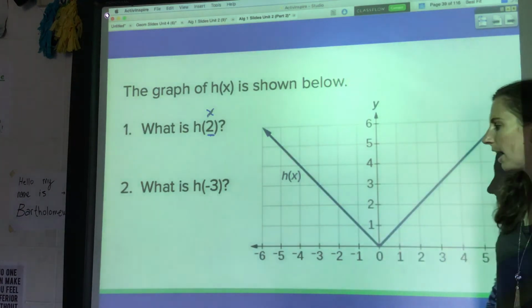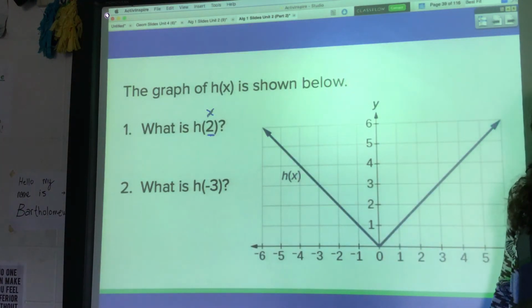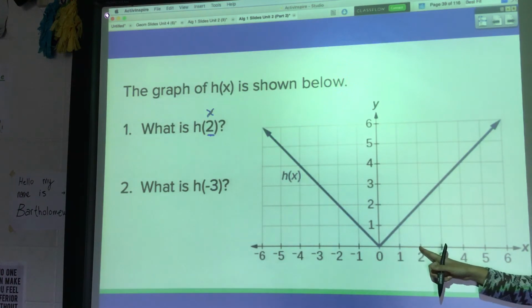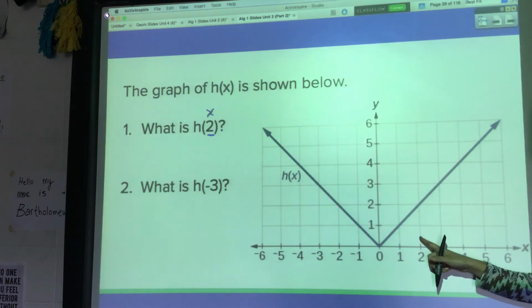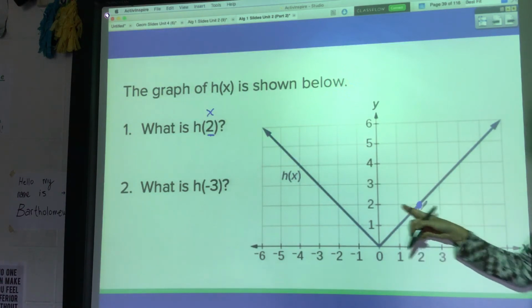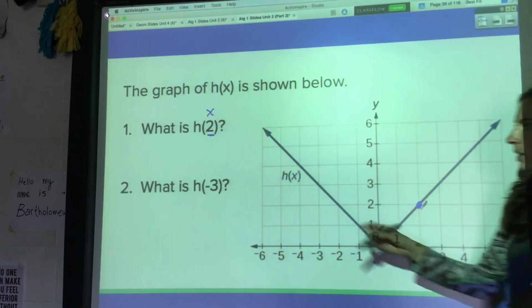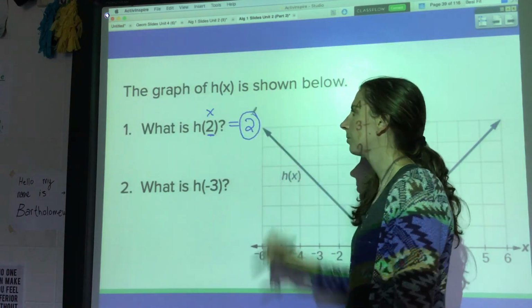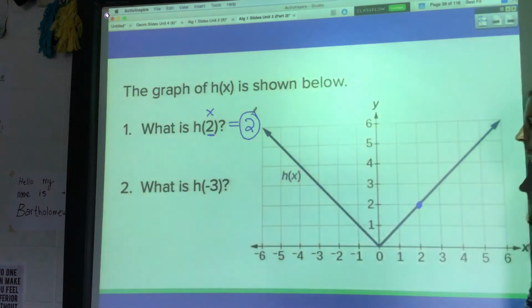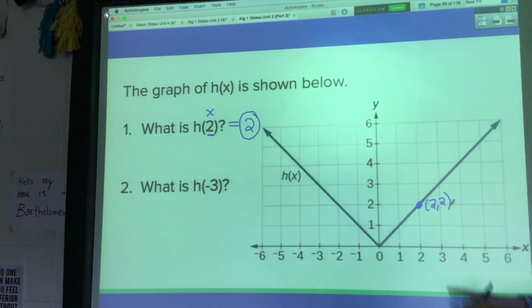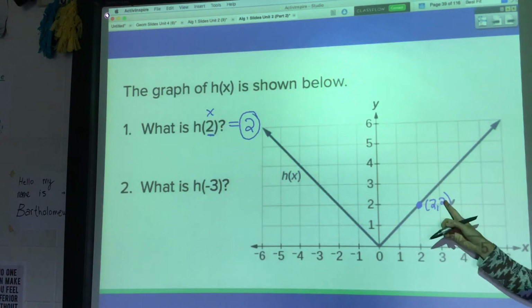So where on the graph is the input or x value 2? That is here. So what's the output at that point? Well, if I go look at where the graph is, it's here at also 2. So when the input is 2, the output is 2. Because this is literally the point (2, 2).